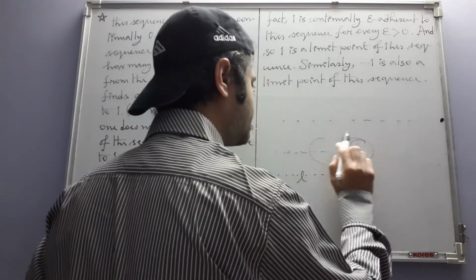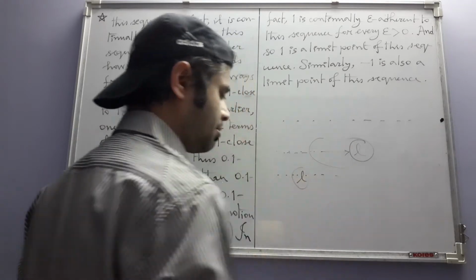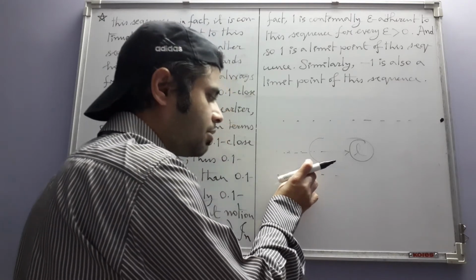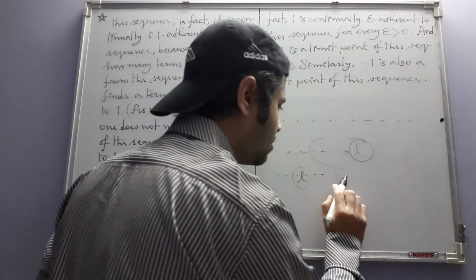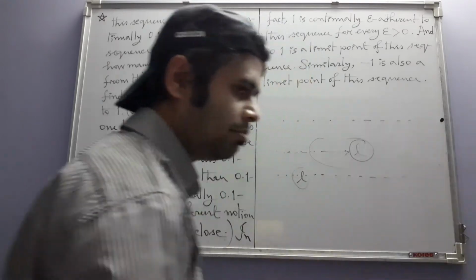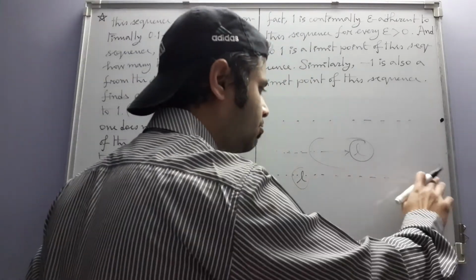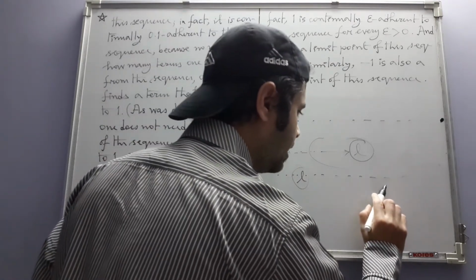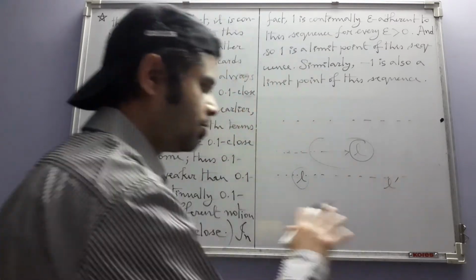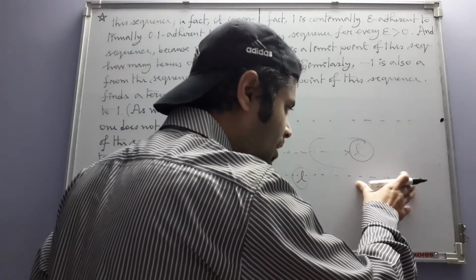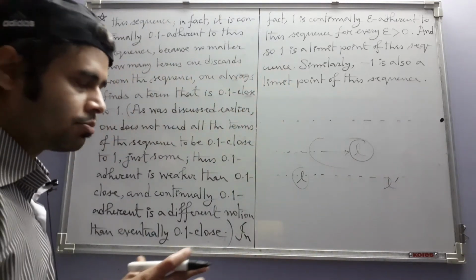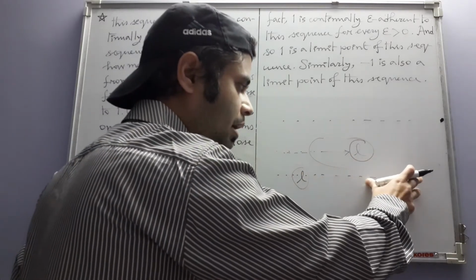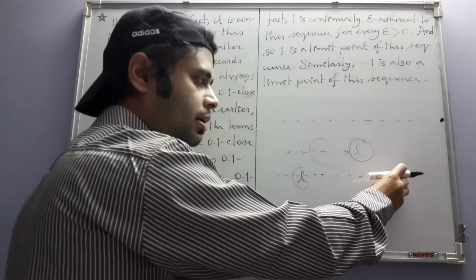Now if in place of this you put L here somewhere, then a part of the sequence comes towards L. However, maybe there are infinitely many other particles which are so far away from L that they don't feel any attraction at all. Something else, some L prime, is put there. Now that part will feel the attraction, so the points will locally accumulate near L, and some other points will locally accumulate near L prime.